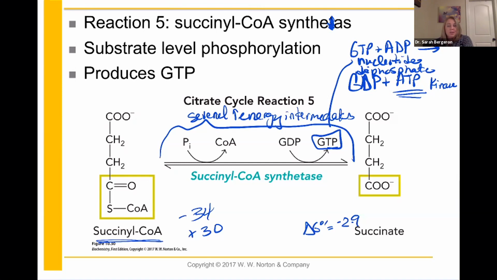Once we get it to GTP, it's pretty stable. We can convert it with nucleotide diphosphate kinase in order to make that ATP. But we really need to get it to the GTP form. So we do a bunch of high energy intermediates, and I think your book shows you the intermediates and how they form inside the enzyme pocket, but you don't need to know that. You just need to know that there are intermediates in order to harvest that energy, in order to not lose that energy.